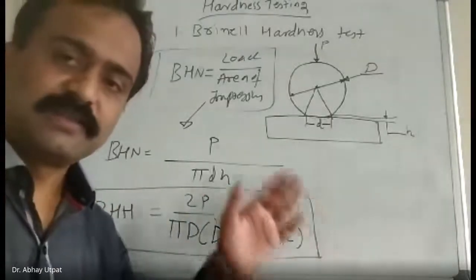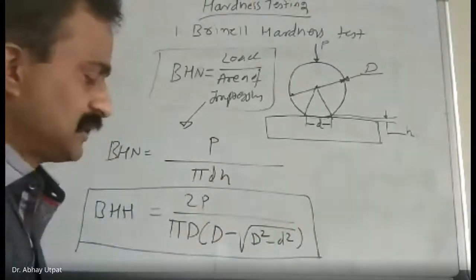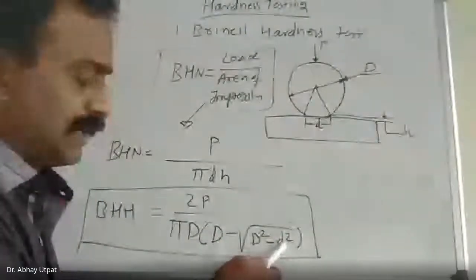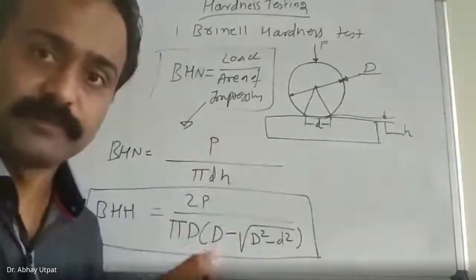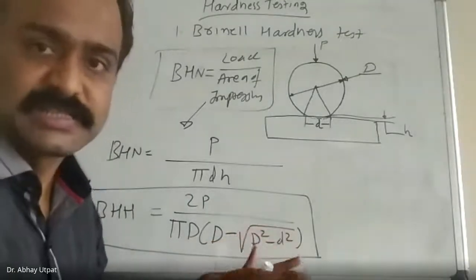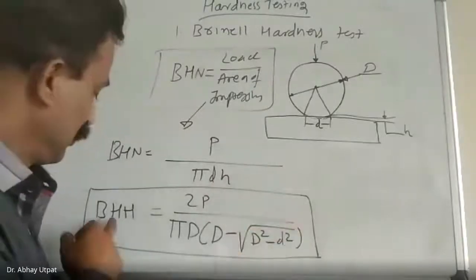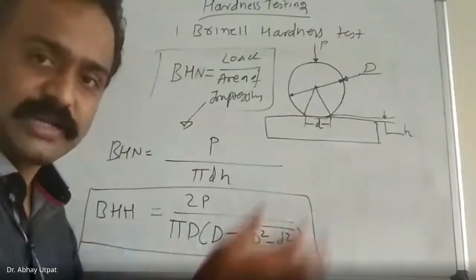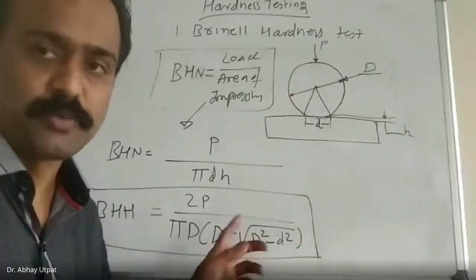Now, the supplier who has supplied the machine started by taking values of d. d is a very small value: 0.1, 0.2, 0.3 in that way. If you put random values of d in the formula in an Excel sheet, you will get the BHN value. So that chart is ready already with known values of small d.